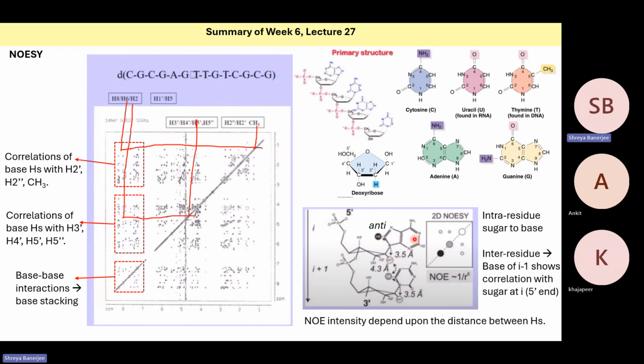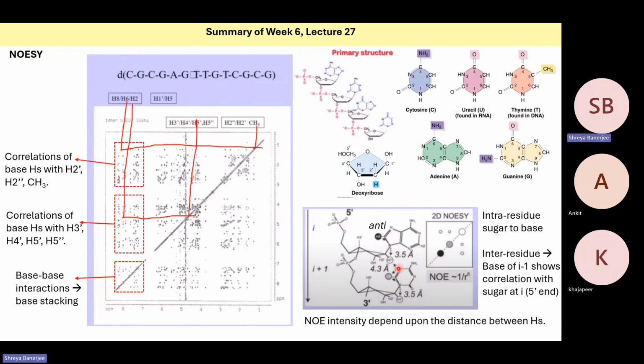So in the ith residue, you have an interaction between H1 prime and this H8, which, if you take the NOESY intensity and find the distance, comes around 3.5 angstrom. Similarly, for the i plus first residue, you have an intra-residue interaction, that is within the same residue, between H1 prime of the sugar ring and again H8. Again, the distance is similar.